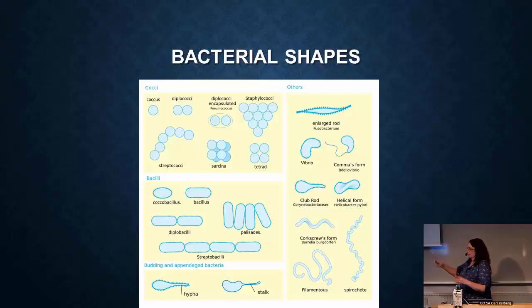So they have this big stalk attached to them. Others look like a corkscrew, shown here. And then you have helical ones. You have a lot of different combinations. So one of the ways that we categorize bacteria is to look at them. What do they look like? Are they round? Are they long? Are they corkscrew, etc.? So that's one of the classic ways to determine what kind of bacteria you're actually looking at.